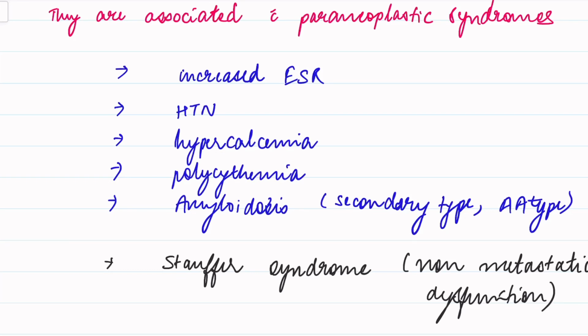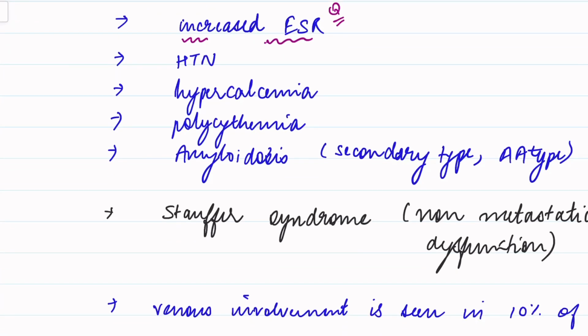The most common paraneoplastic syndrome, this is a question that can be asked in your NEET exam, is increased ESR. The most common paraneoplastic syndrome associated with RCC is increased ESR.